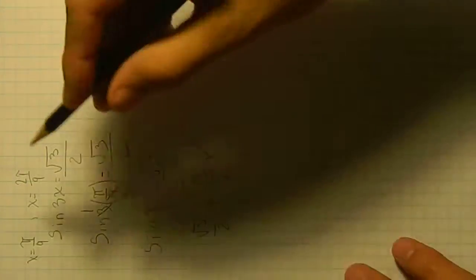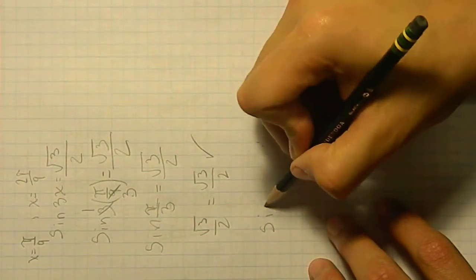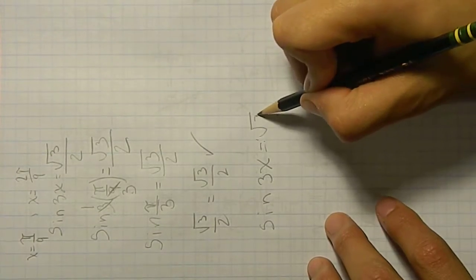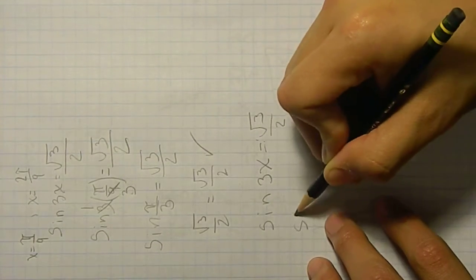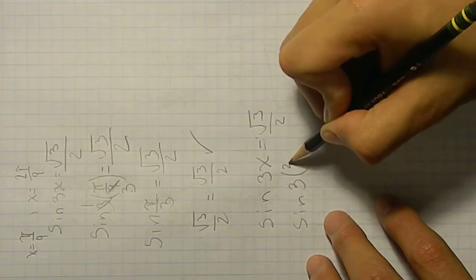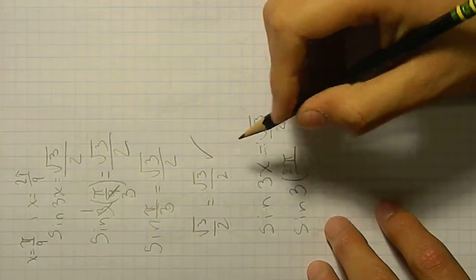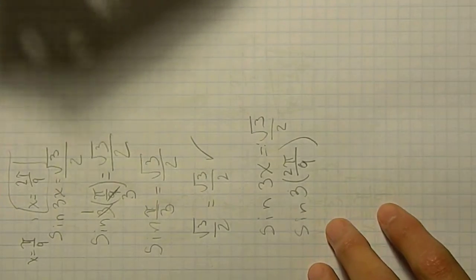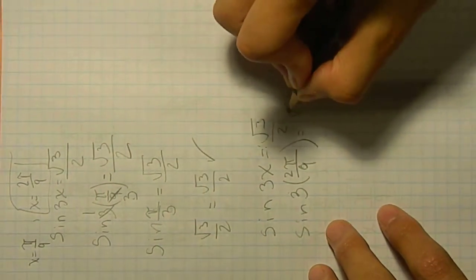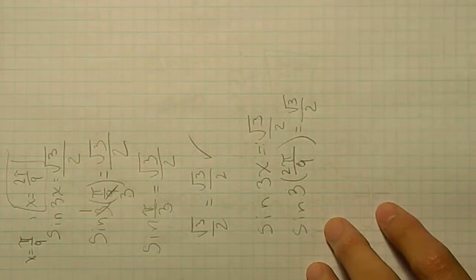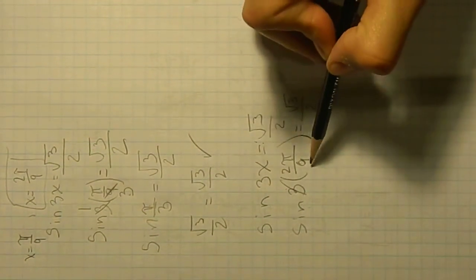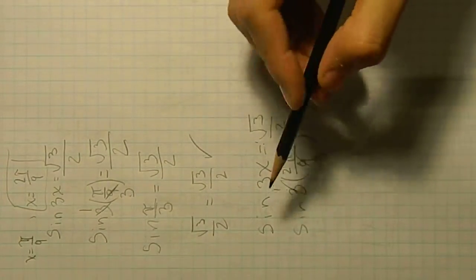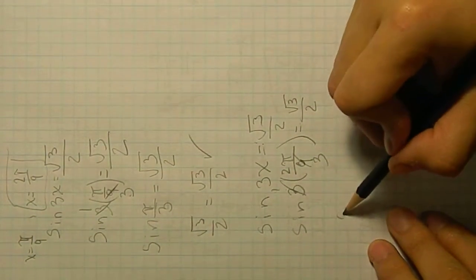So we're gonna take the second value and do the same thing. We say sine of 3x equal to the square root of 3 divided by 2, and now we plug in the value of x, which is 2 pi divided by 9. We cancel out, and we get 1 times 2, 2 pi over 3.